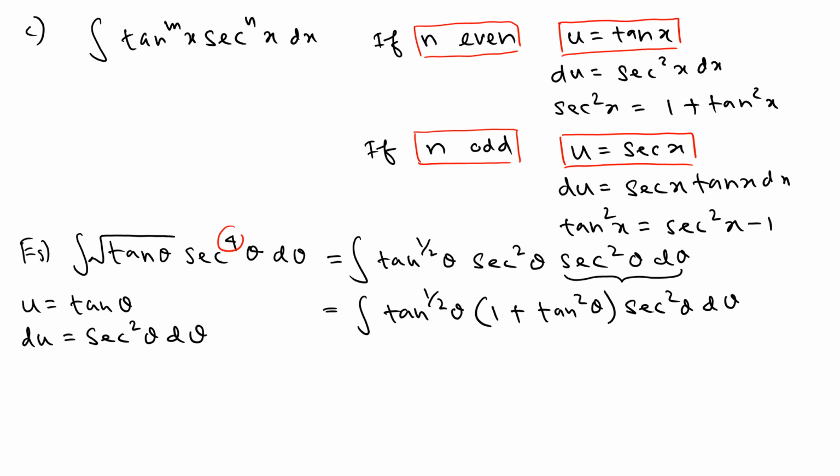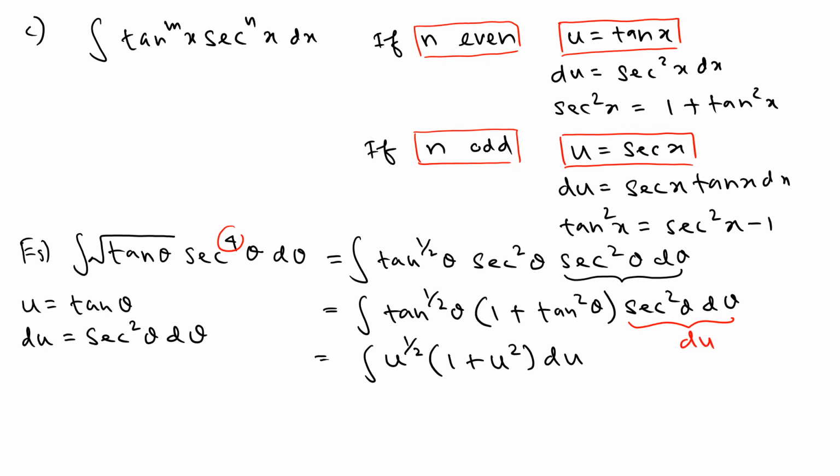That's what you get. Now we plug in u for tangent theta. So this is u to the one half, times 1 plus u squared, and this is du, because this is simply the du part. Now we can distribute and integrate.